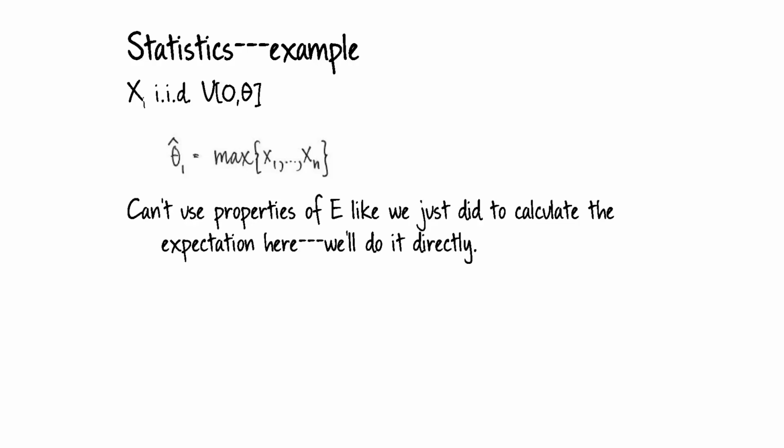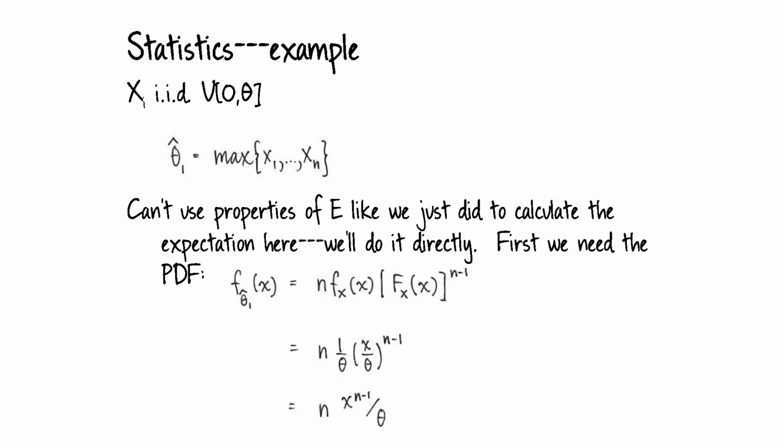Okay? We can't just use the properties of expectation like we did on the last slide to calculate the expectation of this estimator. And so we're going to do it directly using the definition of expectation. And in order to do that, we first need the PDF of the nth order statistic. Well, we've seen that before, so we'll go back to a previous lecture and recall that this is the general formula for the PDF of the nth order statistic from some distribution F. Okay?